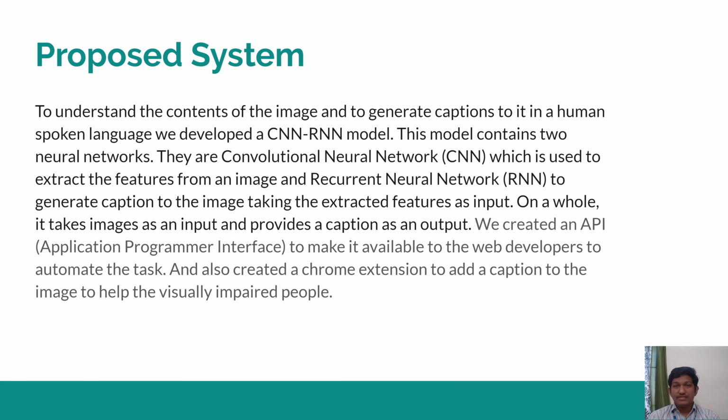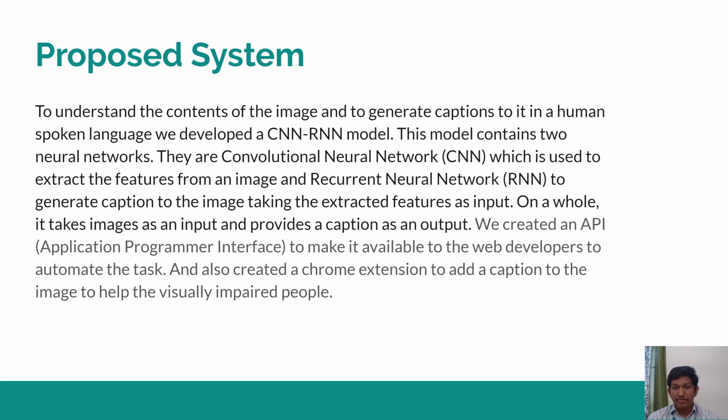Coming to the RNN, it takes that feature vector from the CNN as an input and generates captions for that image in a human spoken language. On the whole, it takes an image as input and provides a caption as output.